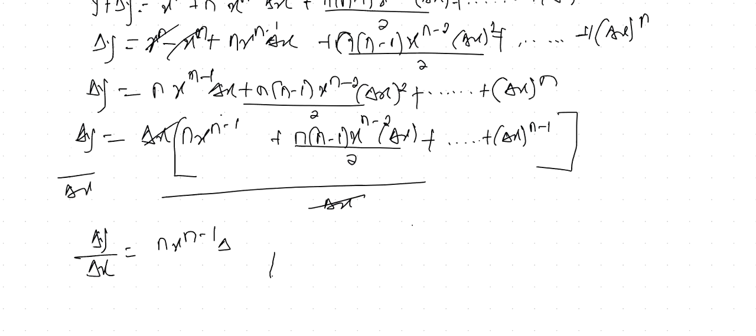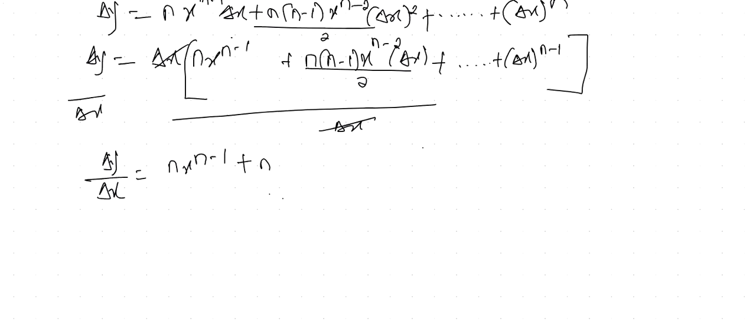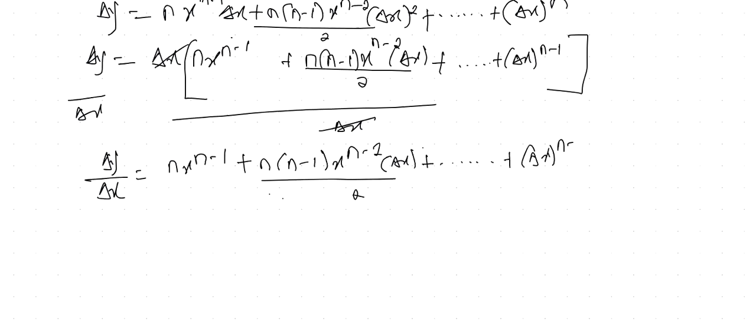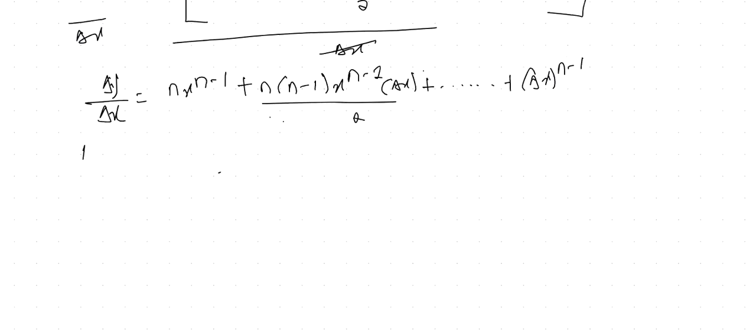Then we have plus n into n minus 1, x^(n-2), then changing x over 2, then plus changing x raised to the power of n minus 1. All right, so we take the limit of both sides, as changing x approaches 0. So we'll just take the limit of everything here together.